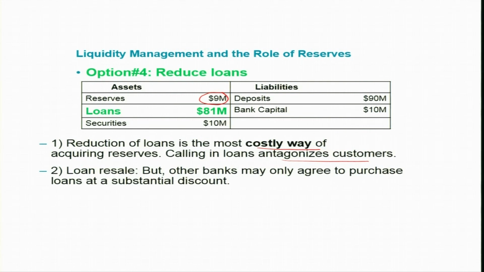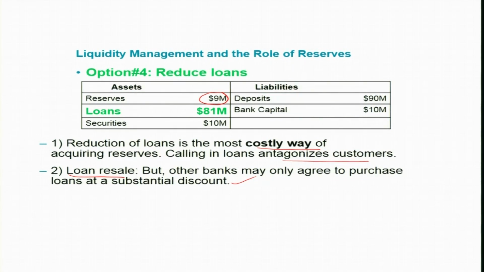And the second option is loan resale. But again, this is a costly proposition, because other banks may only agree to purchase the loans at a substantial discount, right? So this also has its own cost and its own demerits.